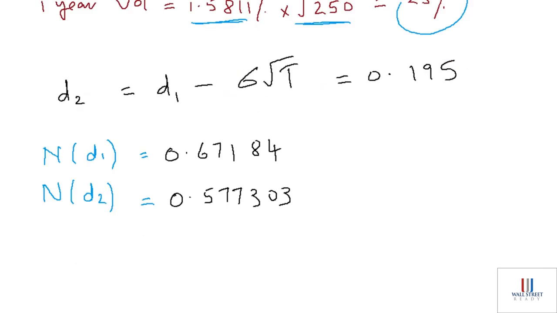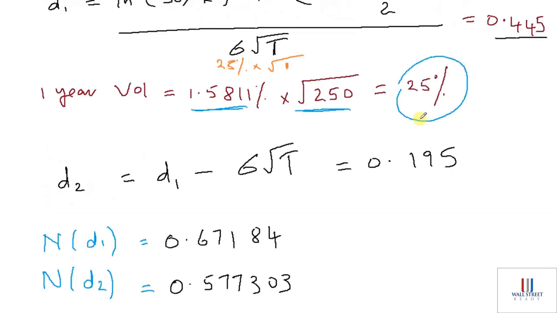Now the best way to find these values, if you're using the Z table, you'll have something like this. When you use the Z table, for example, if you want to find D1 0.445, you'll have 0.4 here, and let's assume you have 0.04 here, so that's 0.44.